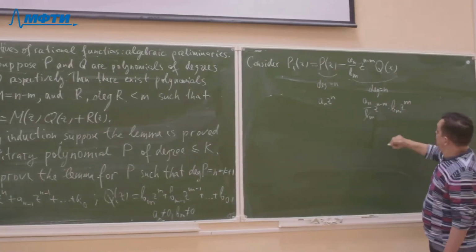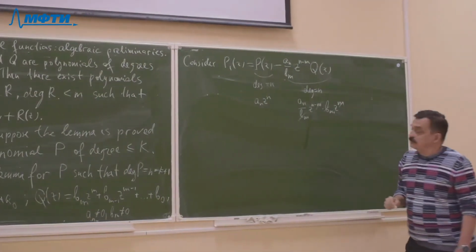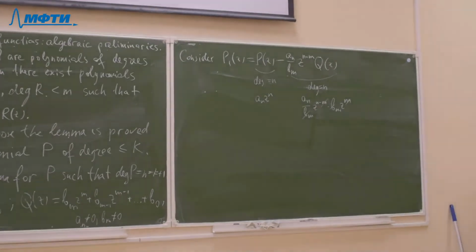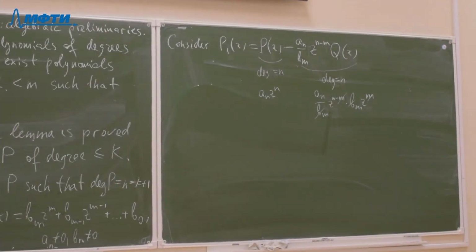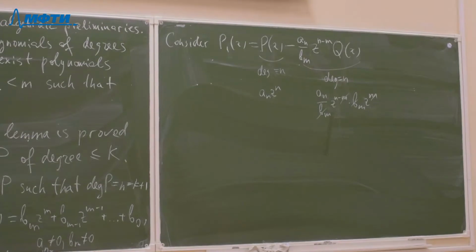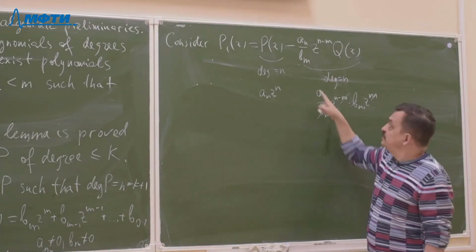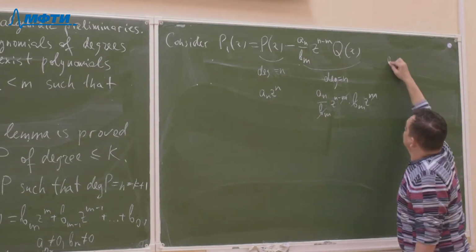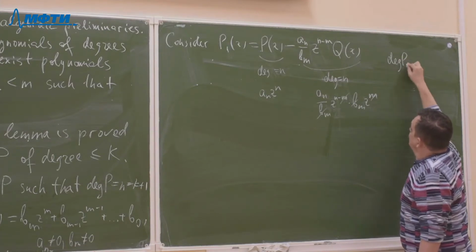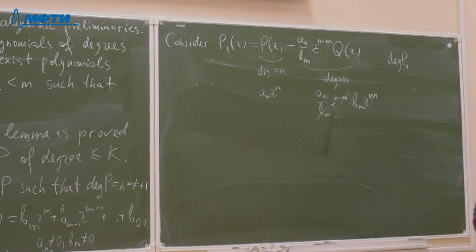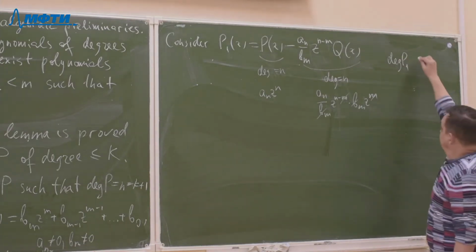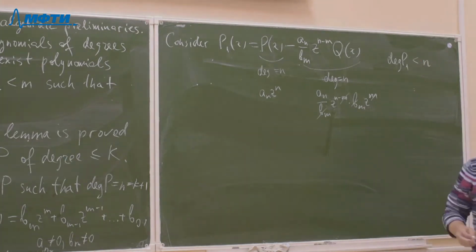We cancel b m, and we see the same term with highest degree. Terms with highest degree are the same. And it means the degree of our polynomial P1 is strictly less than n. That's for sure.